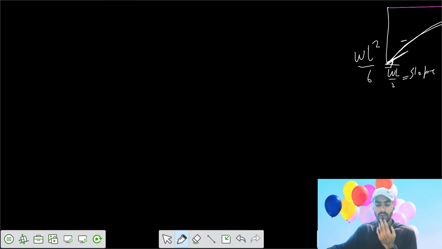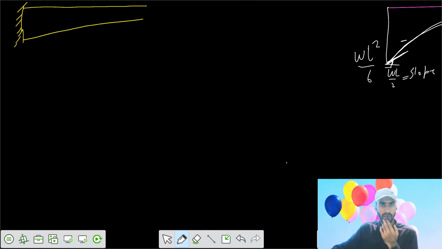Next one is your beam. Wait, we will get one more question. Say this is your fixed beam, a cantilever beam of length 5 meter. Now we have tapered it this way.